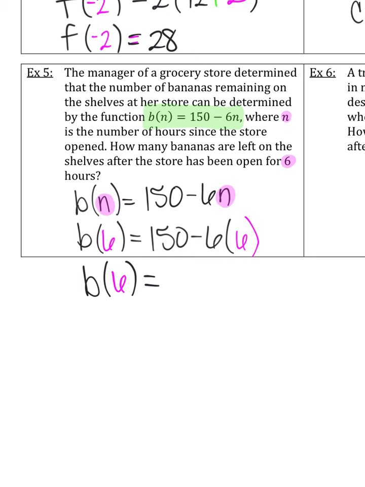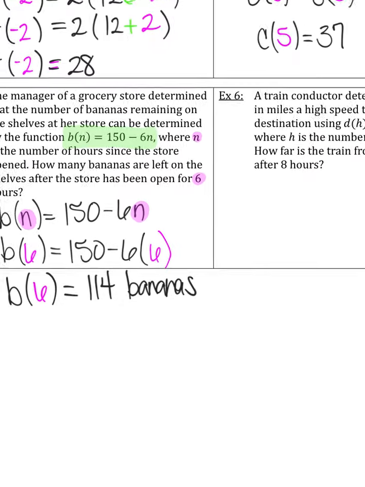You should have received 114 bananas in sales. Now, the reason that I put bananas behind it is because I'm looking for a value. And in this, it is important, so you write the word bananas after the 114. All right? Not so bad.